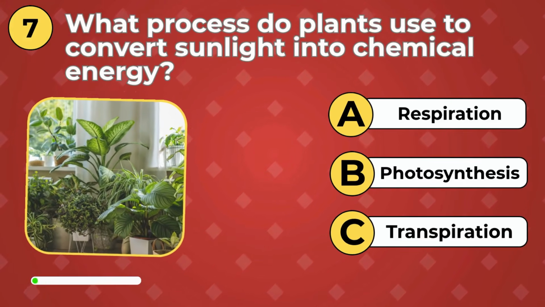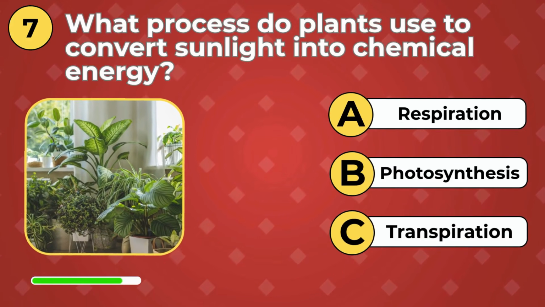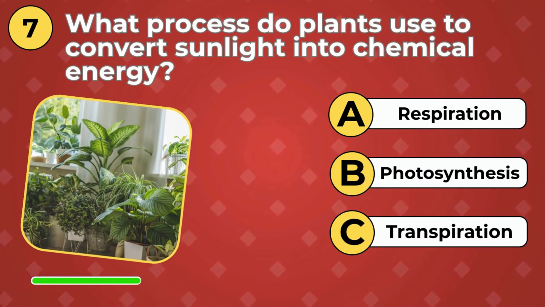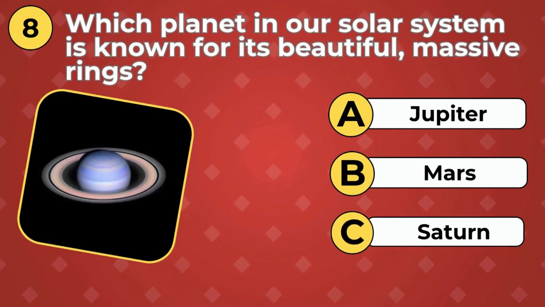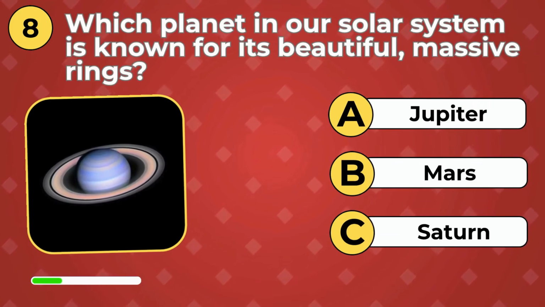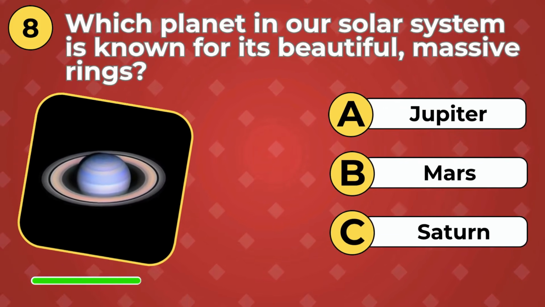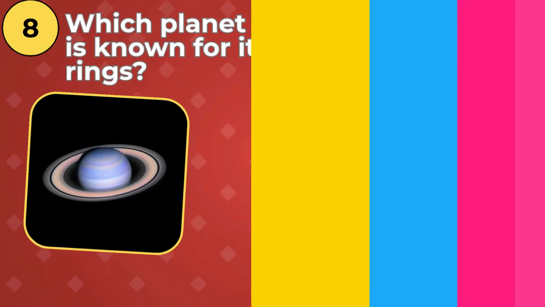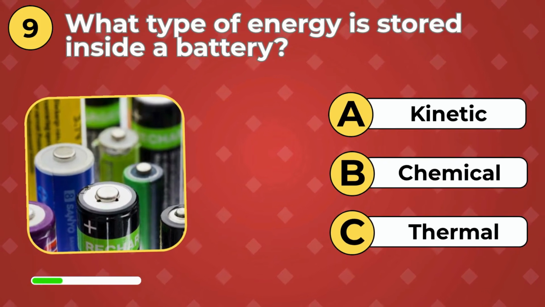What process do plants use to convert sunlight into chemical energy? Photosynthesis. Which planet in our solar system is known for its beautiful, massive rings? Saturn. What type of energy is stored inside a battery, kinetic, chemical, or thermal?